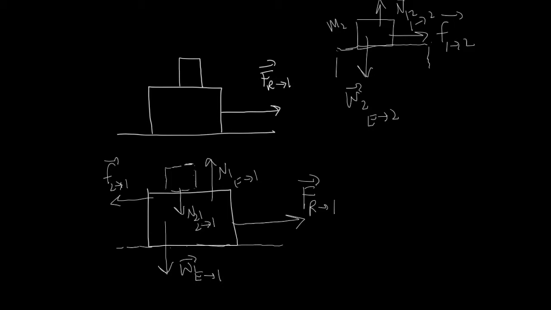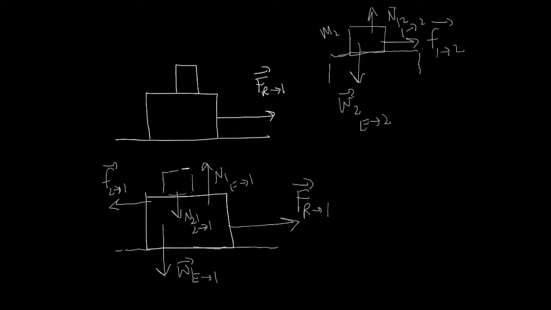We have 1, 2, 3, 4, 5 forces acting on mass 1, and 1, 2, 3 forces acting on mass 2. We're neglecting any friction between the floor and mass 1 just because we already have 8 forces in the problem and we don't really need a 9th, in order to make it an interesting and rich problem. So let's move on.